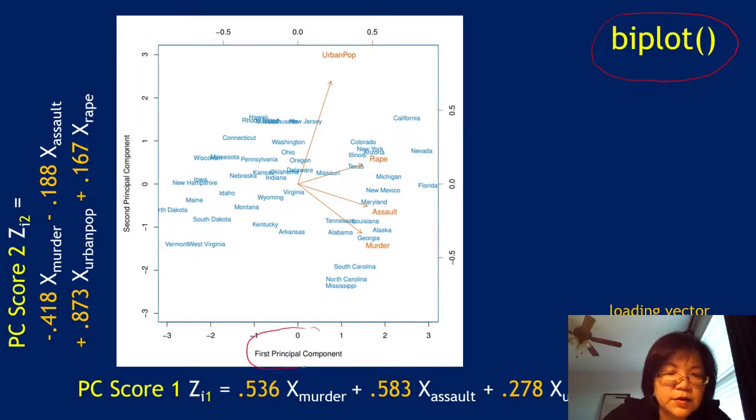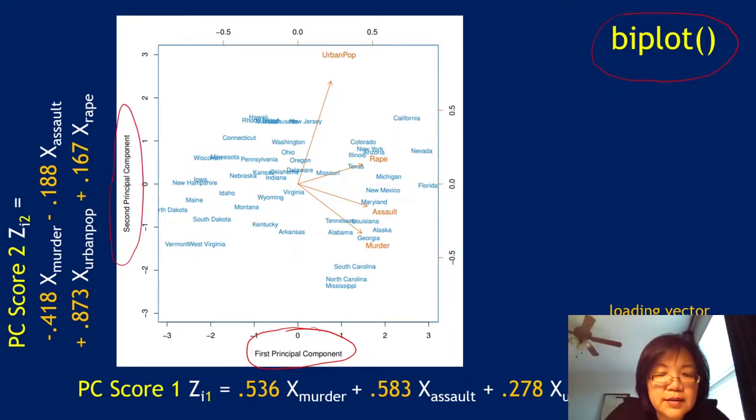So for the first principal component, each of the records, so there are 50 states, each one of them will have a PC score 1. Each of them also has a PC score 2. And using these 2 numbers, we can plot this graph to figure out where they are along these 2 principal components. As you can see, the loadings are being used to calculate these scores.